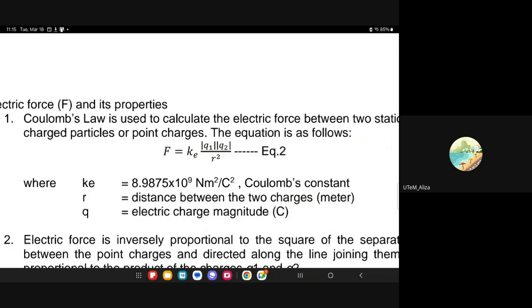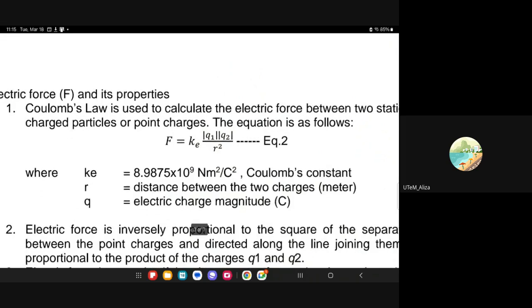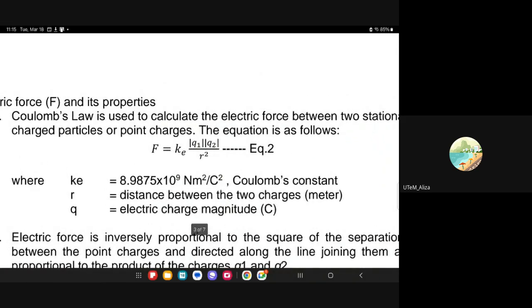The constant introduced here is Ke or simply K, and that is Coulomb's constant, and the value is 8.9875 times 10 to the power of 9. You can also simplify it.